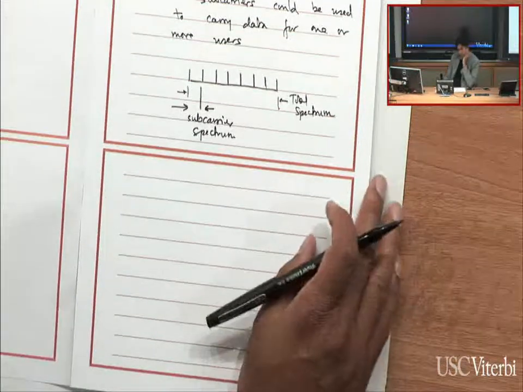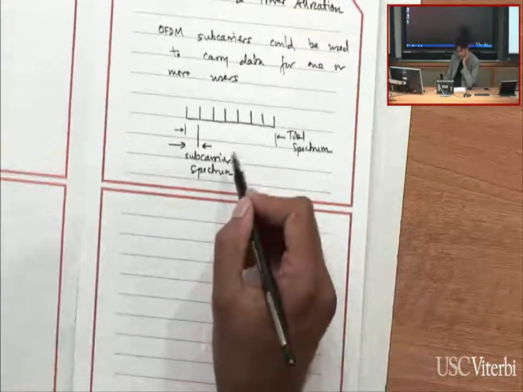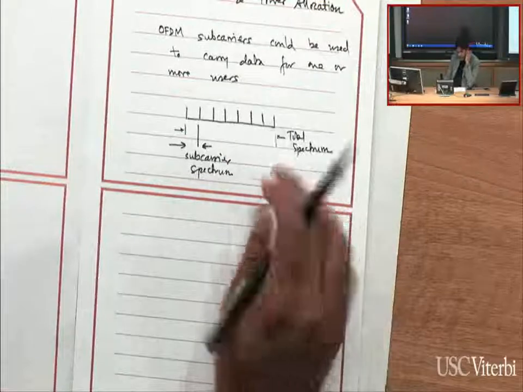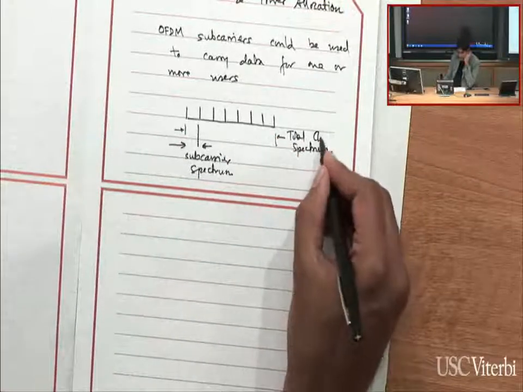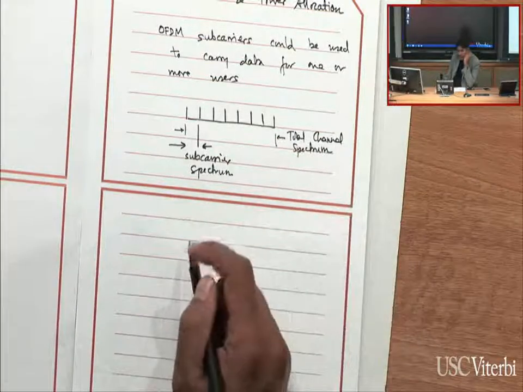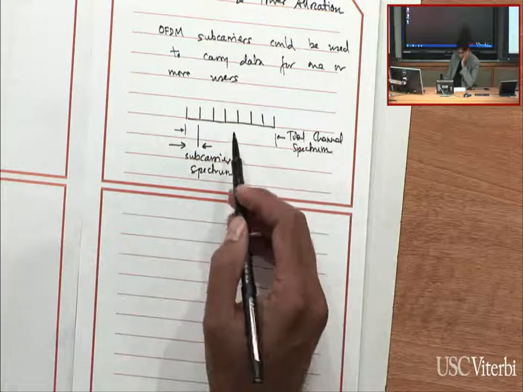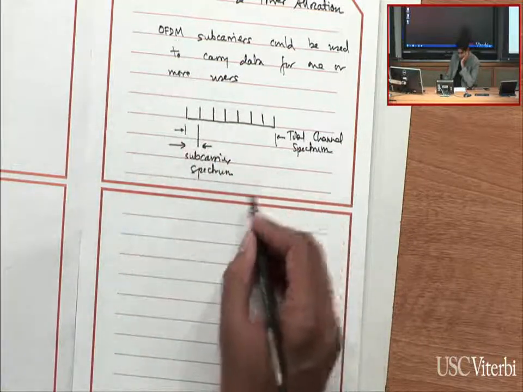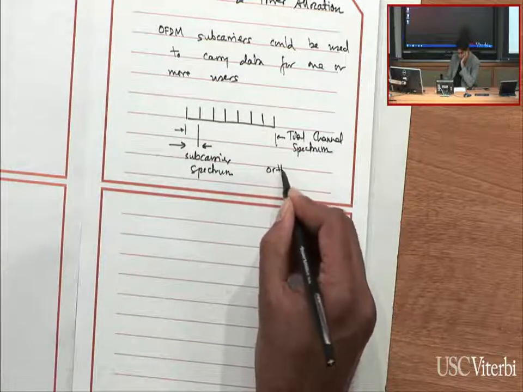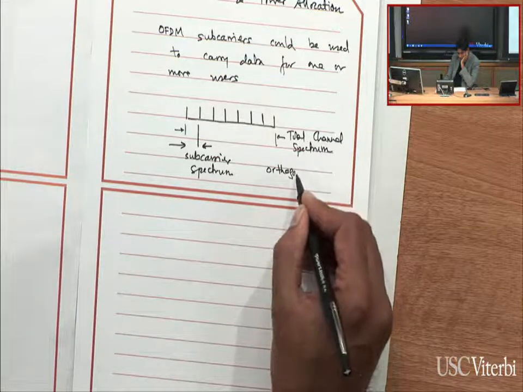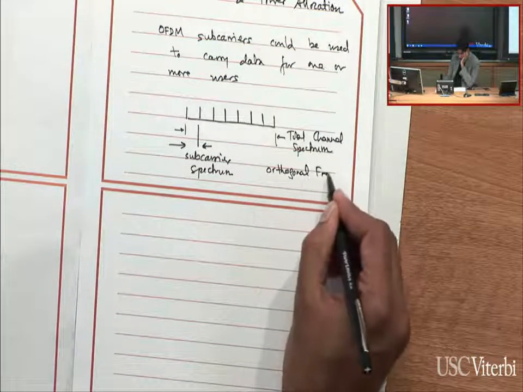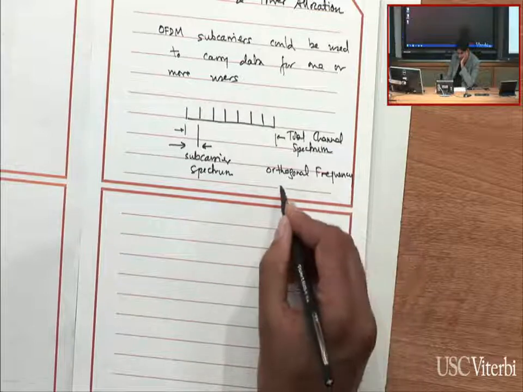Okay. And part of the design choice is how many subcarriers in each channel of OFDM do you have. And the phrase OFDM, remember, refers to orthogonal frequency division multiplexing.